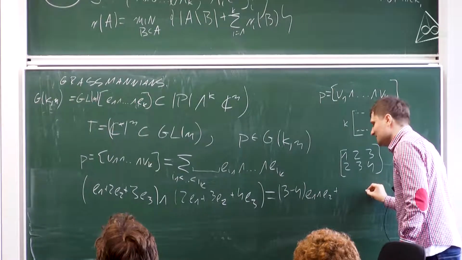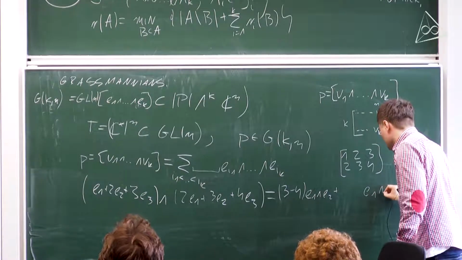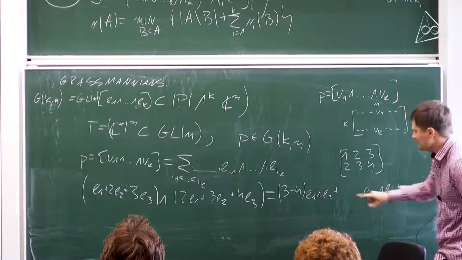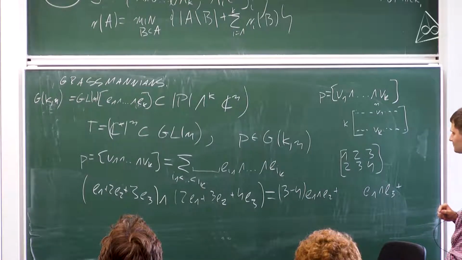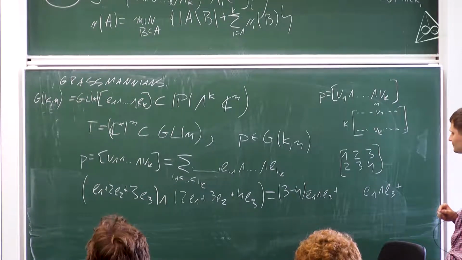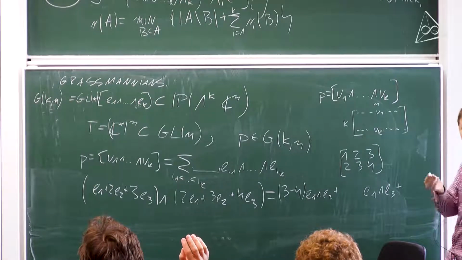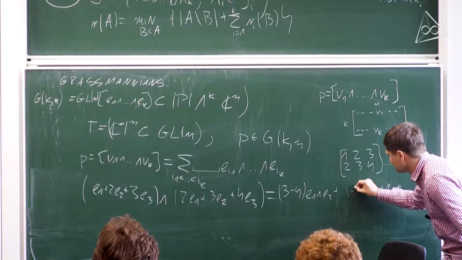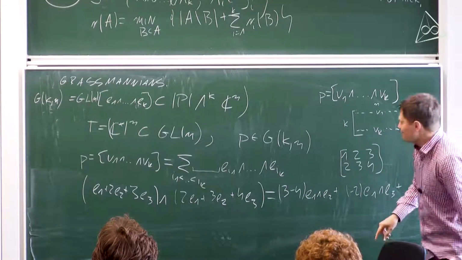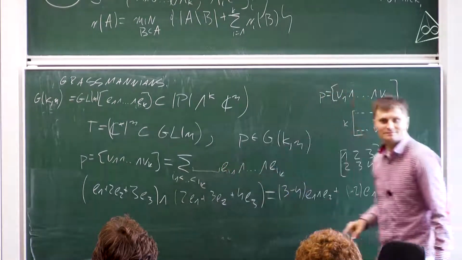Okay, so let's ask what's e_1 wedge e_3. What is this coordinate? Yes, that's 4 minus 6, which is minus 2. Very good. Okay, so in general, what's here?